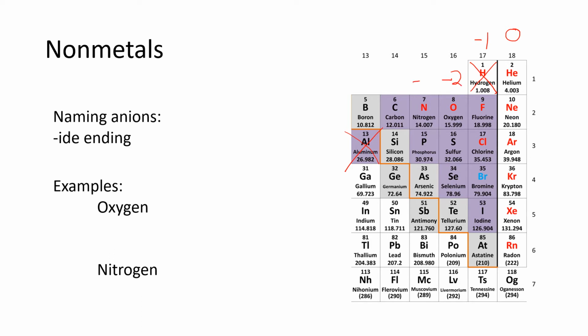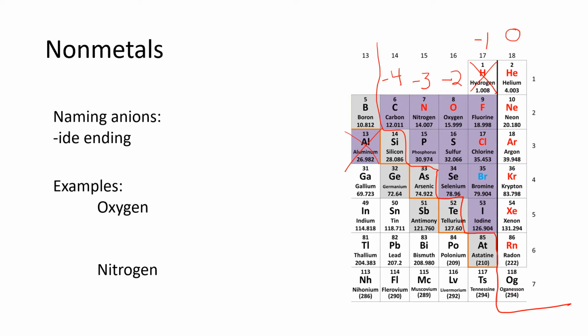The nitrogen family will pick up 3, giving them a -3 charge, and the carbon family will pick up 4, giving it a -4 charge. So these charges only apply to the nonmetals in these groups, so only the elements above this zigzag line that I just added in.